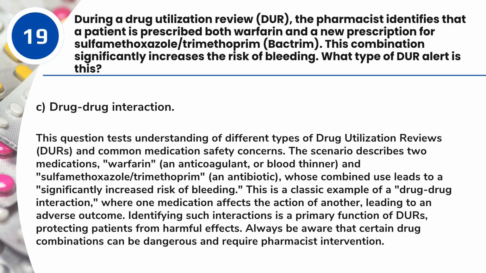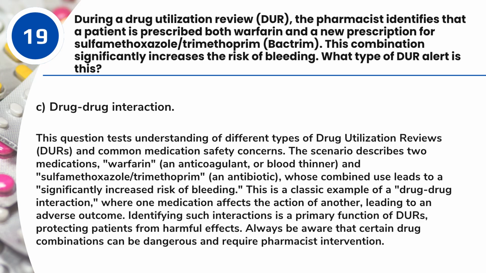Answer: C. Drug-drug interaction. This question tests understanding of different types of drug utilization reviews, DURs, and common medication safety concerns. The scenario describes two medications, warfarin, an anticoagulant, or blood thinner, and sulfamethoxazole/trimethoprim, an antibiotic, whose combined use leads to a significantly increased risk of bleeding.